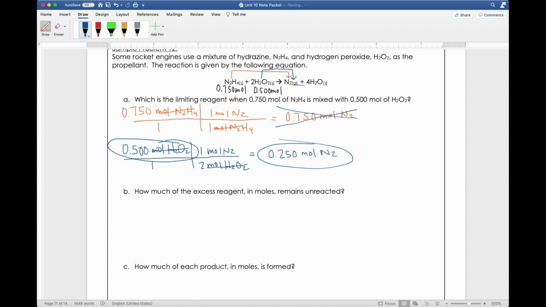However, the question's not asking for how much is produced. It's asking for which is the limiting reagent. So be cognizant, be aware of what it's asking you. And because it's asking you for a specific reagent, write a little blurb, write a sentence, write a fragment even to answer the question.